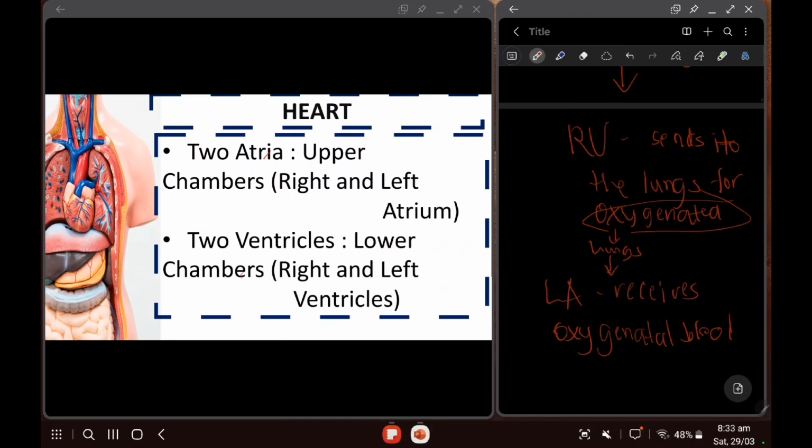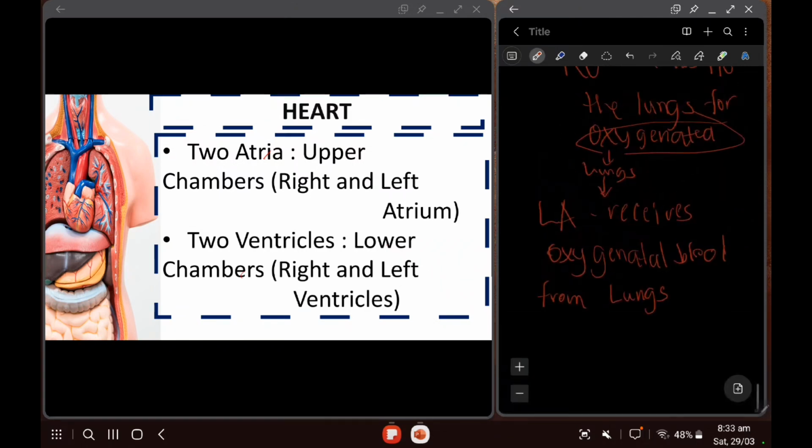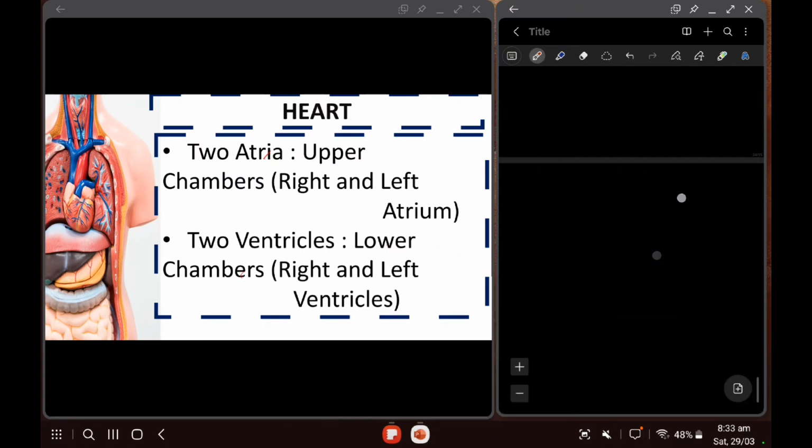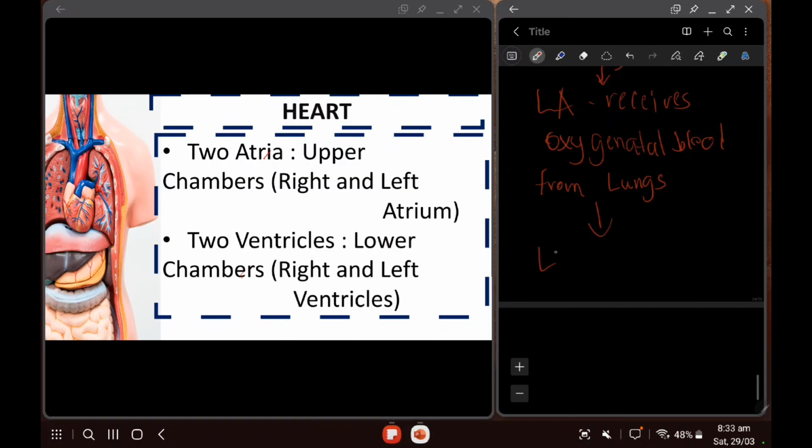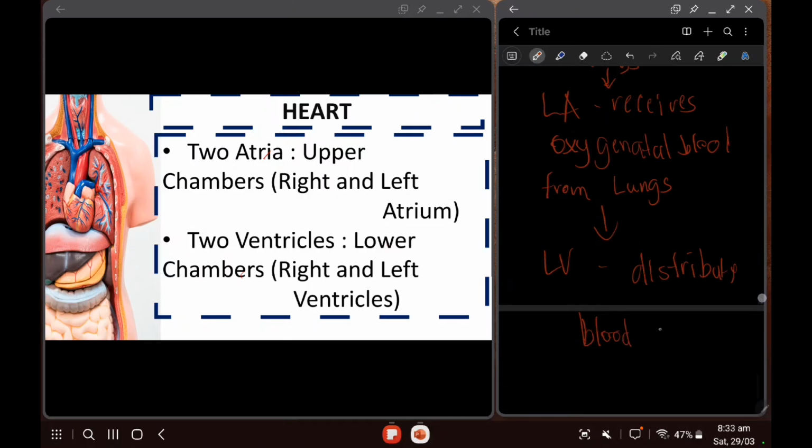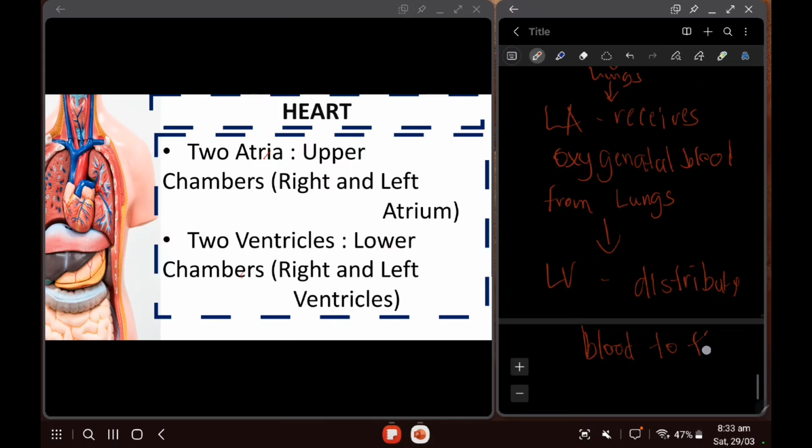Then, oxygenated blood na to galing sa lungs. And then, from left atrium, ipapump na naman to papunta kay left ventricle. So, dito, si left ventricle distributes the blood to the rest of the body.